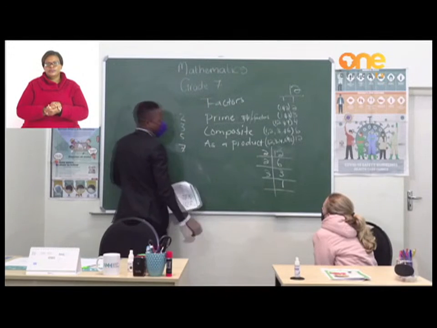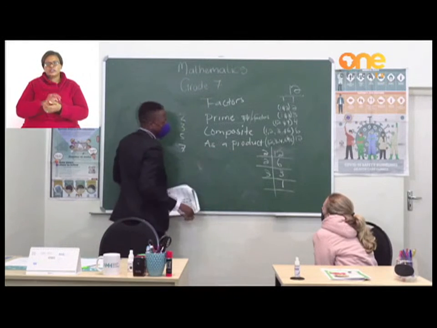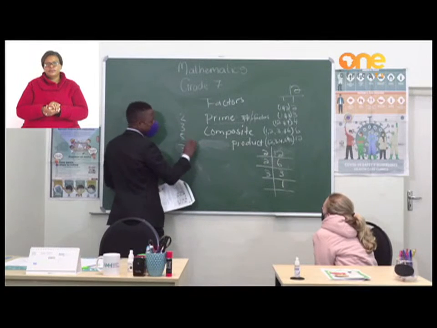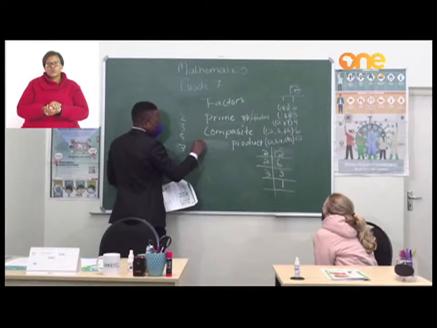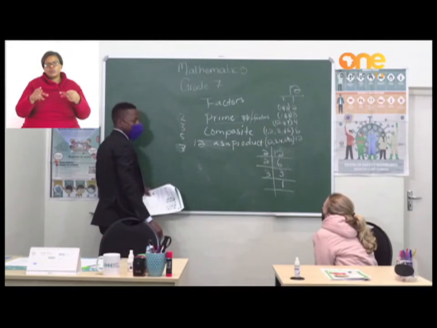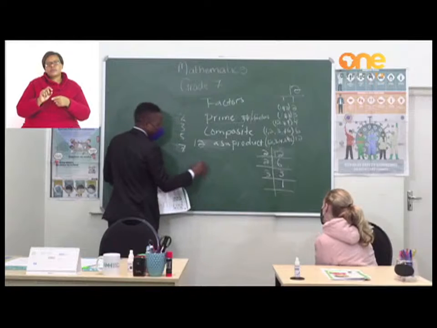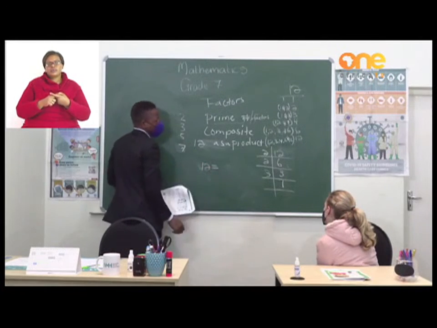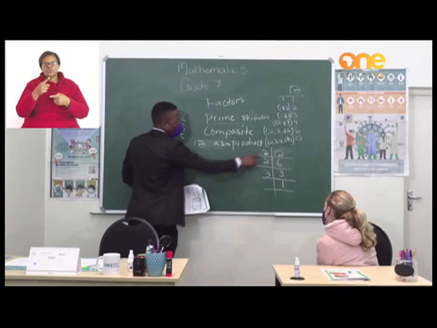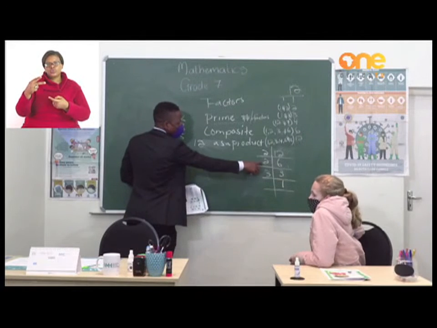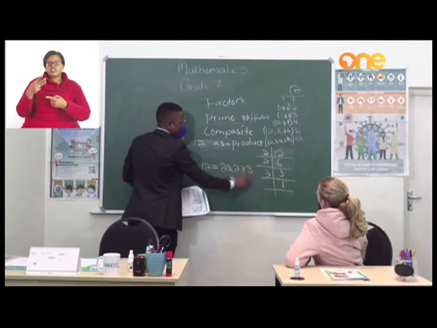Now to answer the question, to write 12 as a product of its prime factors, we write 12 equals 2, which is this, times 2, that, times 3.